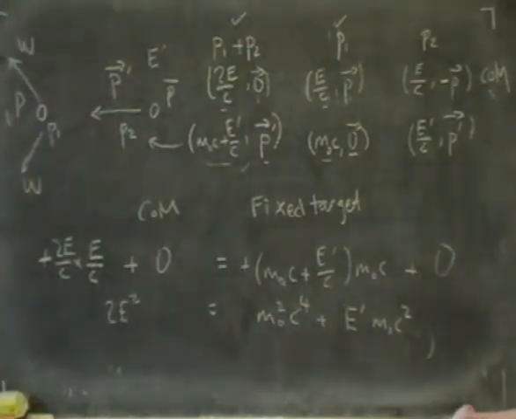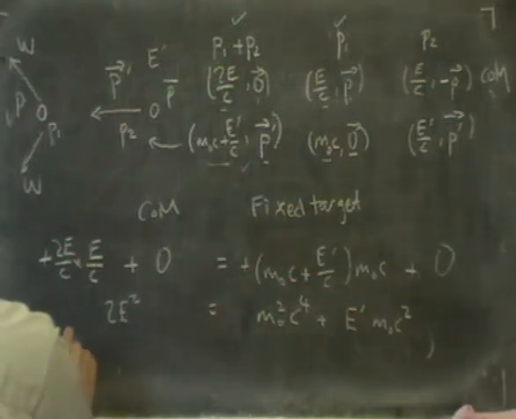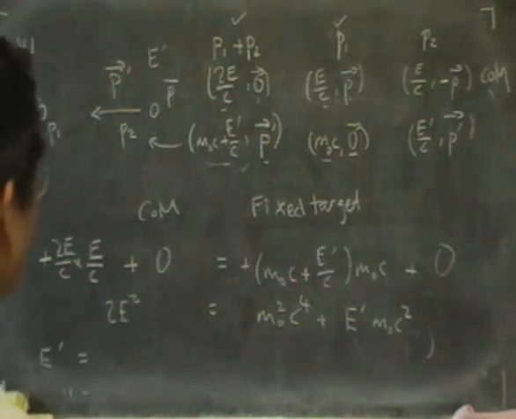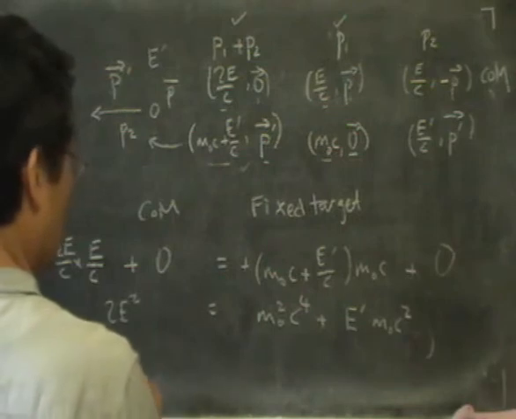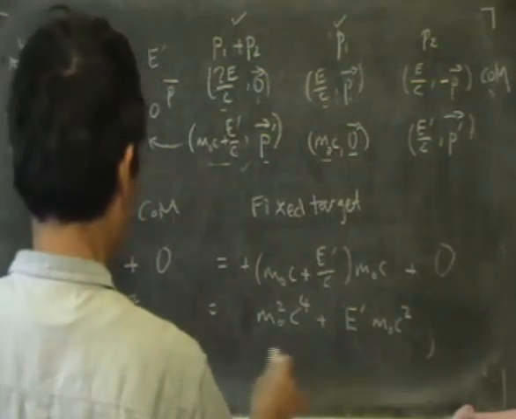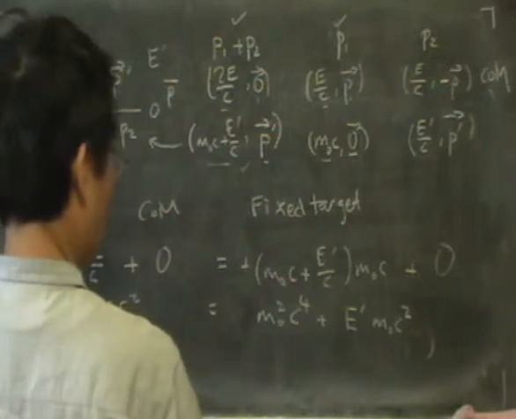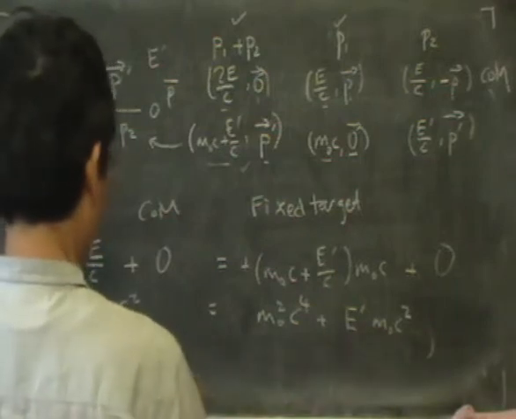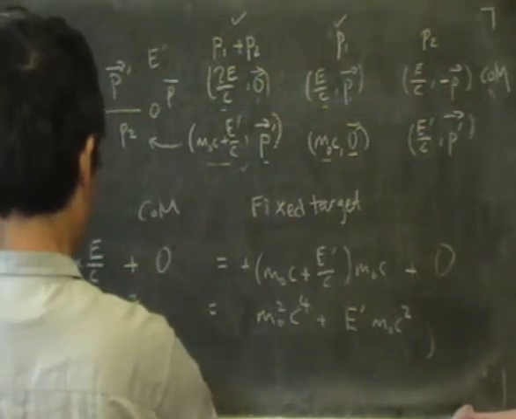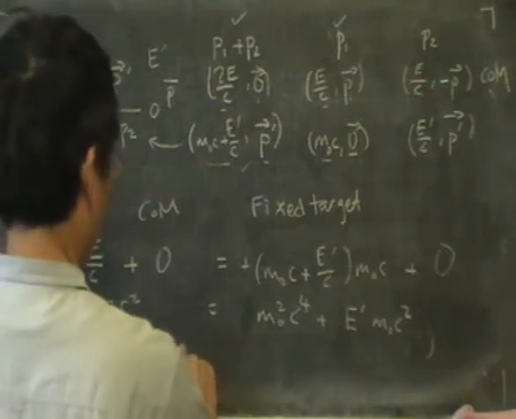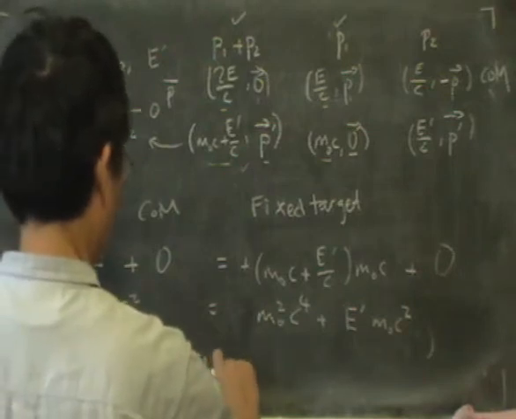Okay, so that's that. And now, finally, e prime is equal to 2e squared, if I divide both sides by m naught c squared, this will be m naught c squared minus m naught c squared.